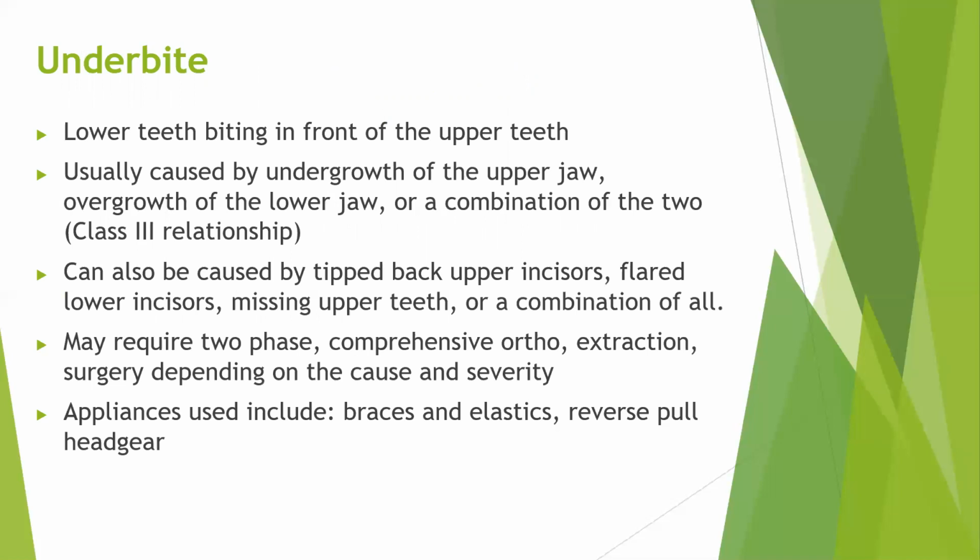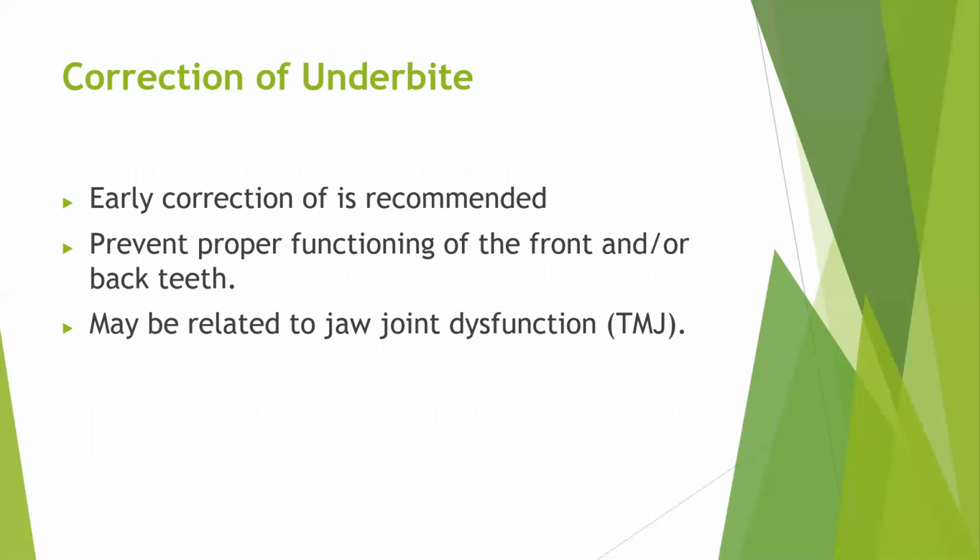It can be caused by tipped back upper incisors, flared lower incisors, missing upper teeth, or a combination of all. This treatment may require 2 phases: comprehensive orthodontics, extraction, and surgery, depending on the cause and severity. Appliances include braces, elastics, and reverse pull headgear. Correction of underbite.